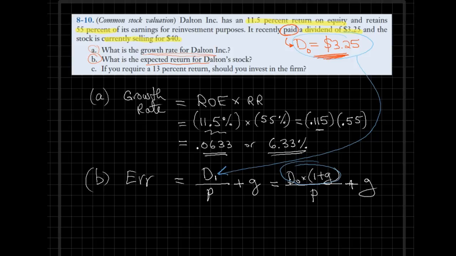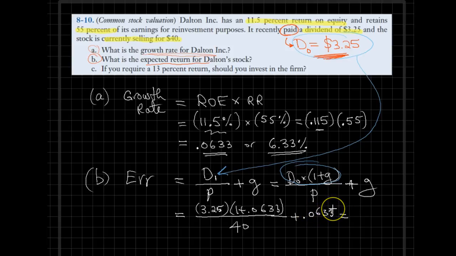The rest of the problem is pretty simple now. It's all a matter of plugging in the values. In this case, D0 is $3.25. The growth rate was already calculated as 0.0633. The market price is given as $40, and we need to add back the growth rate one more time.